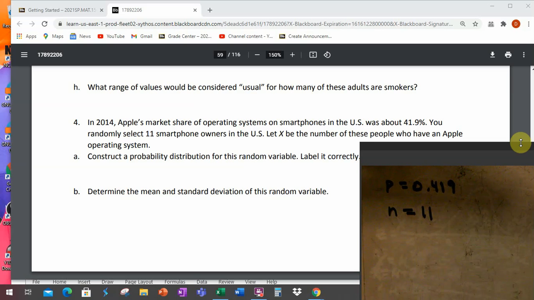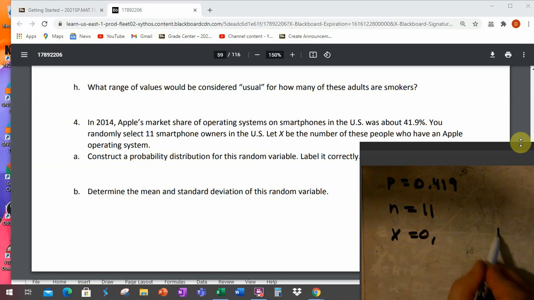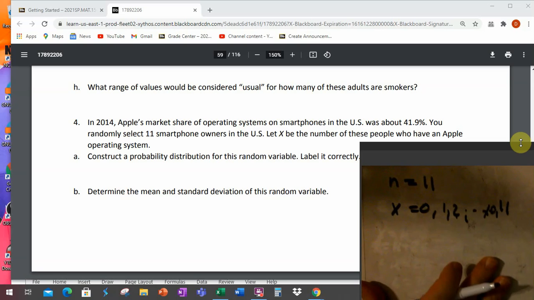You went out and grabbed 11 people. And then your X goes from 0 all the way to 11: 1, 2, dot dot dot, 10, 11. 0 would be none out of the 11. Exactly 1, exactly 2. All of these are that very same.